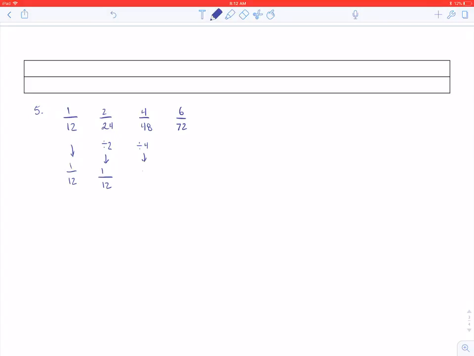Hopefully you recognize that. 4 can go into 4 one time, and 4 goes into 48 12 times. So it's looking like we're going to be having a proportional relationship here. We just have to make sure that the last one is also proportional. 6 to 72, both of those numbers can be divided by 6. 6 goes into 6 one time, into 72 12 times. And so, yes, they are all indeed proportional.